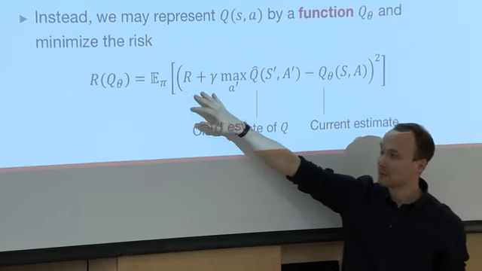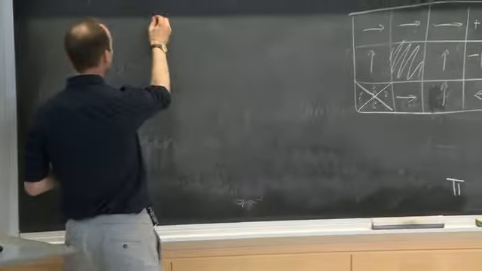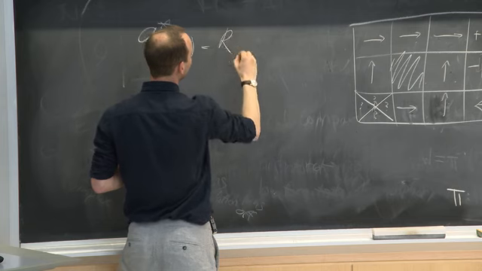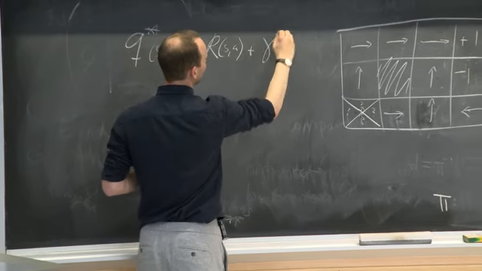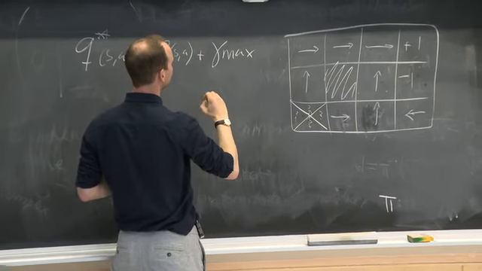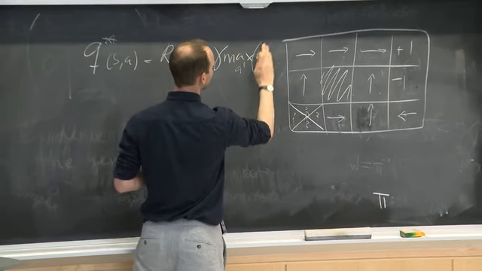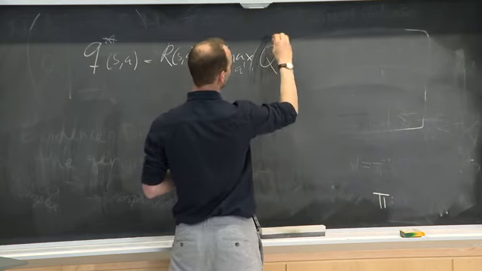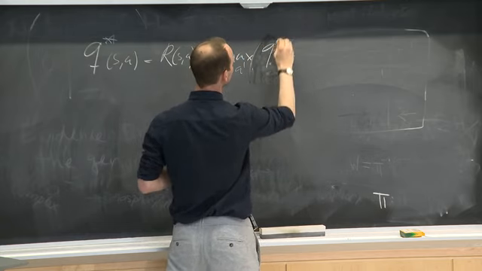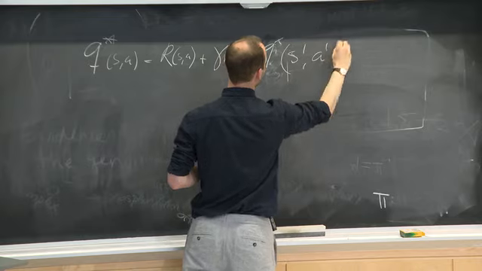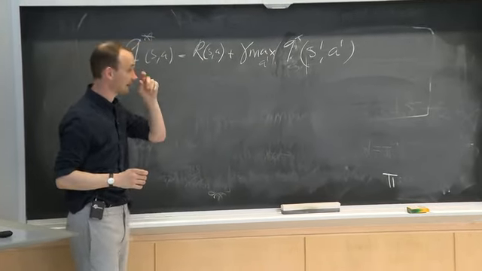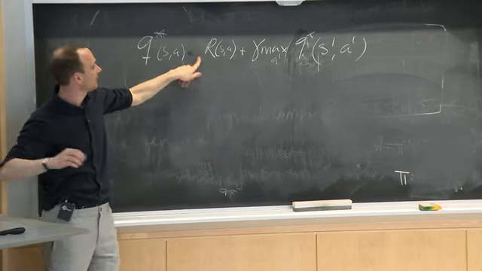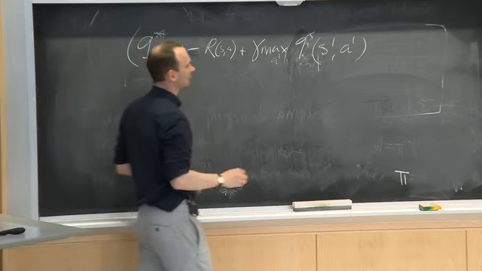Remember, before we had the Bellman equality, we said that Q star(S, A) is equal to R(S, A), let's say, plus gamma max over A prime of Q star(S prime, A prime), where S prime is the state we get to after taking action A in state S. So the only thing I've done here is to take this equality and make it instead a loss function on the violation of this equality.